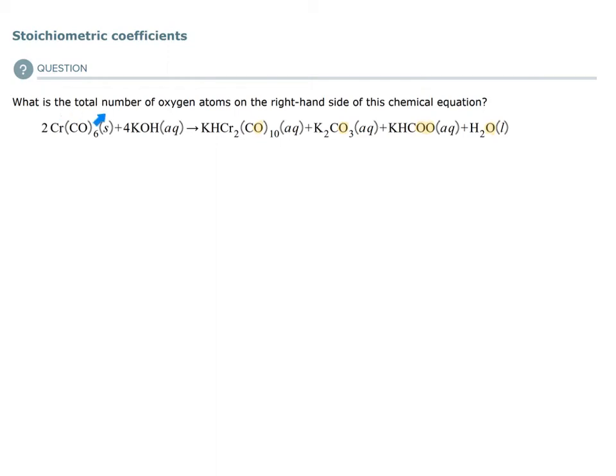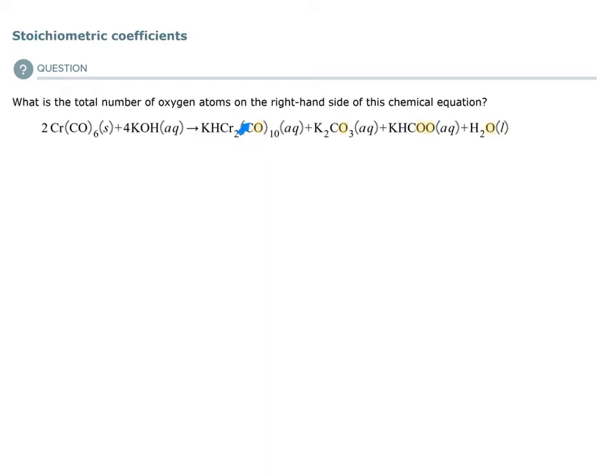So how do we calculate the total number? Well, we need to calculate the number of oxygen atoms for each substance and then add them all together. So let's look at this substance first. This product. How many oxygen atoms are in this product itself? There's a subscript here of 1, even though it's not written.